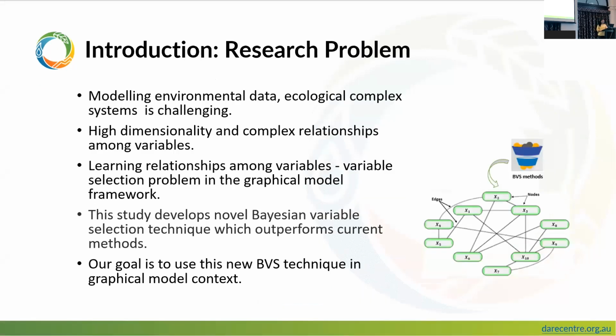Okay, so to start, we know that modeling environmental data is really challenging. There are two main reasons: it involves lots of variables, and interestingly, they are interconnected. So it is important to identify and understand these connections between variables.